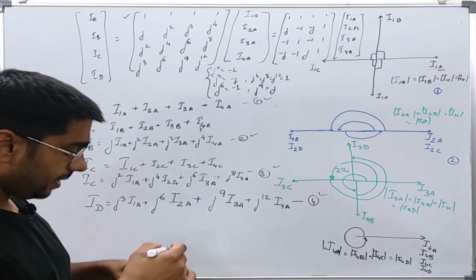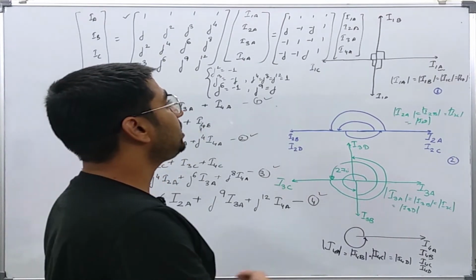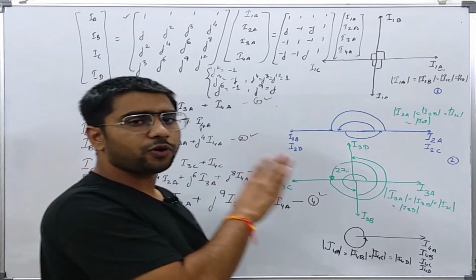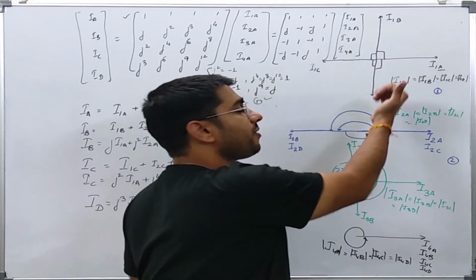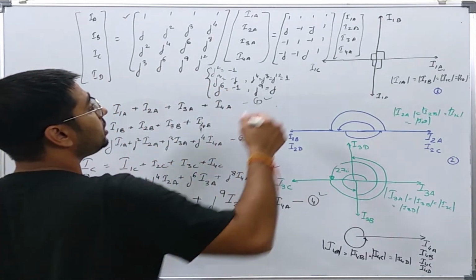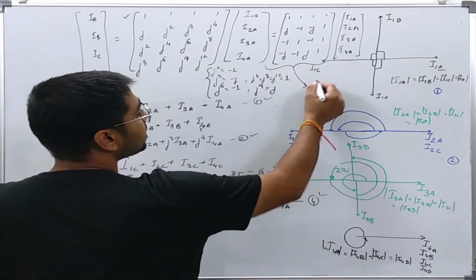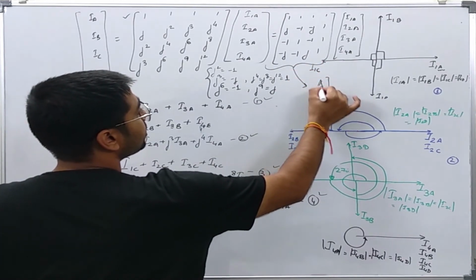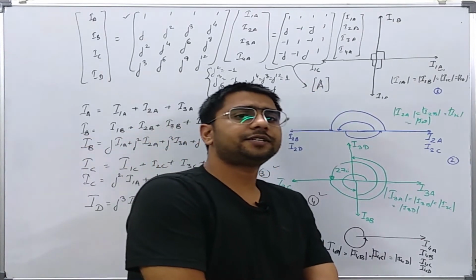So in this way I have bifurcated the set of 4 unbalanced phasors into 4 sets of 4 balanced phasors in each set, and I have got the transformation matrix. Let us say this is matrix A. This matrix is the transformation matrix for a 4-phase system.